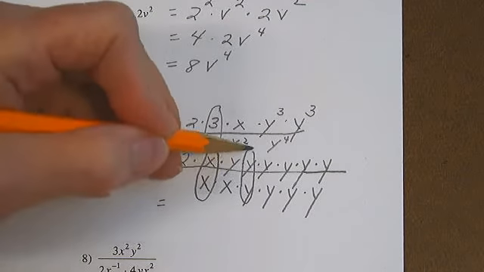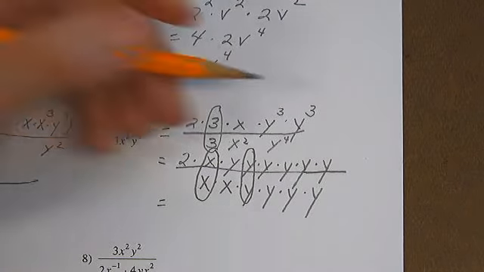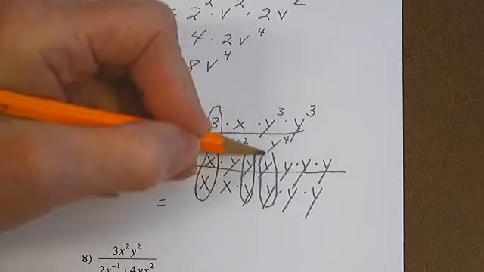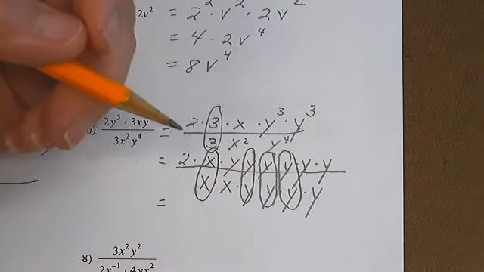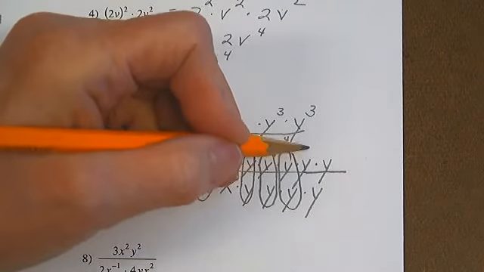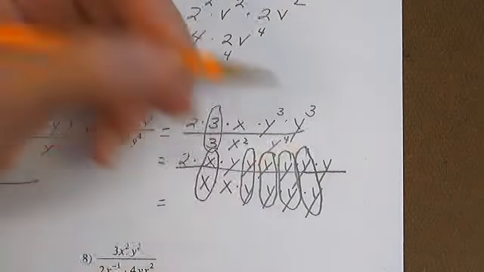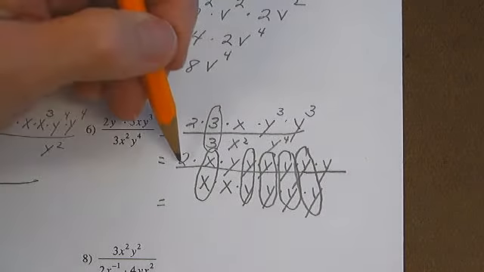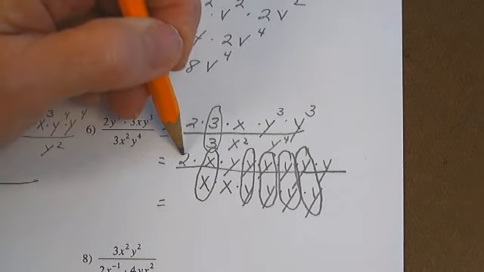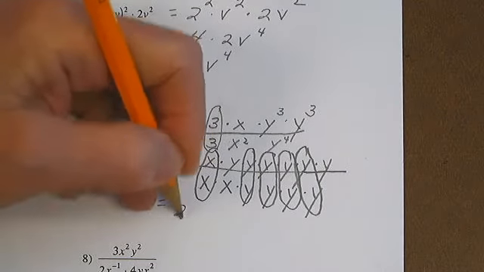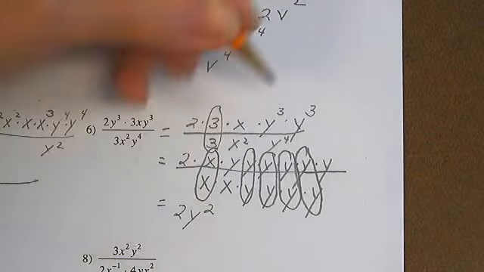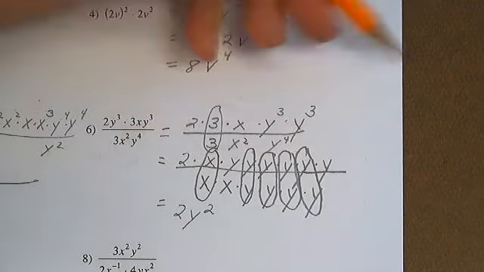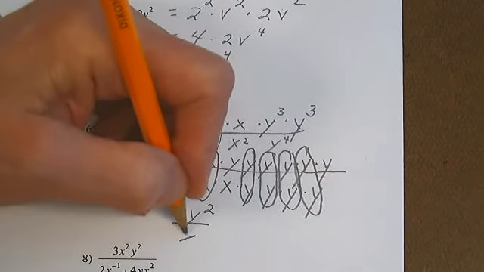Y divided by y is 1. Y divided by y is 1. Y divided by y is 1. Oh look, y divided by y is 1. So my final answer here is 2 times y squared, y times y, all over x.